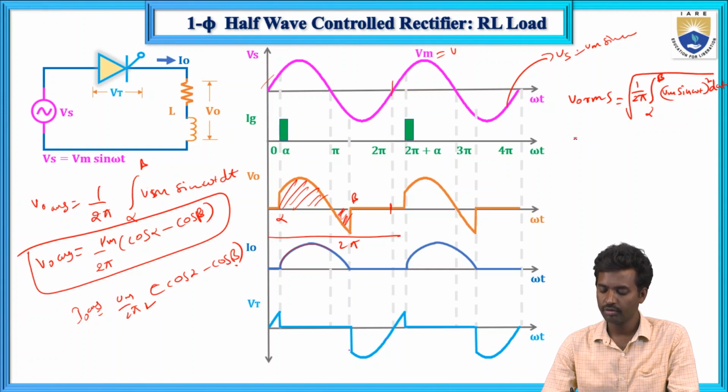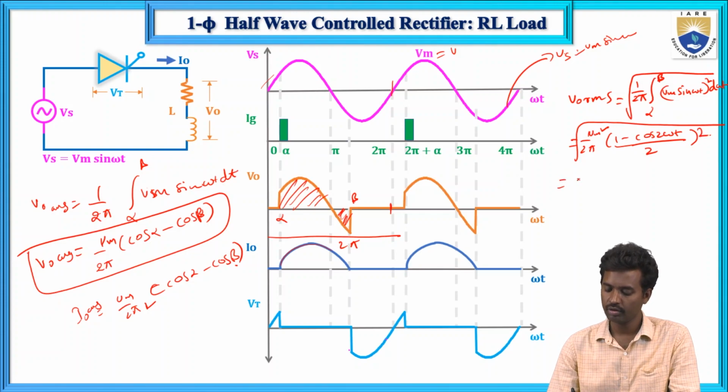So if you simplify this one, 1 by 2 pi Vm square under root, and here 1 minus cos 2 omega t by 2 whole square.